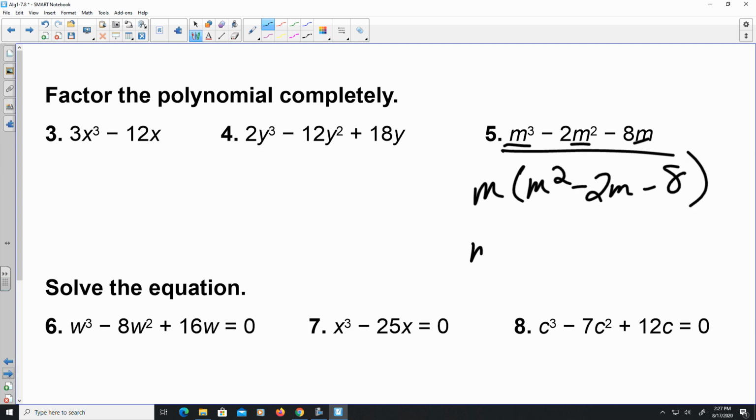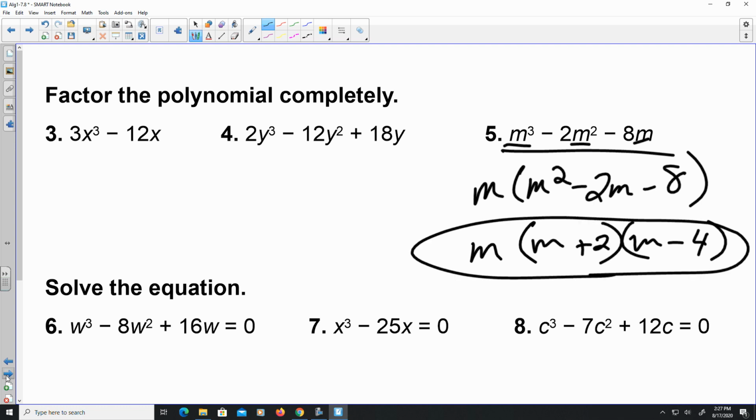So then I have m times the quantity that's here. I can put m and m, plus, minus. Is there a value where they give you a product of 8, but the difference is 2? In this case, it would be 4 and 2.